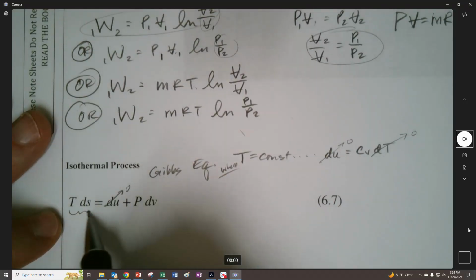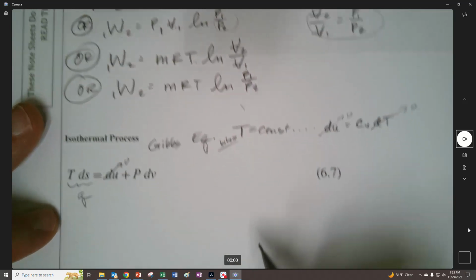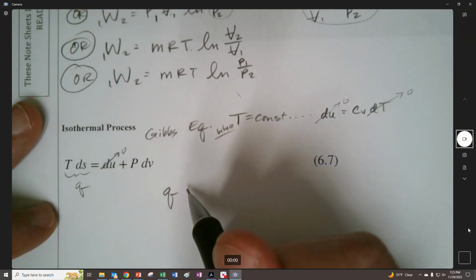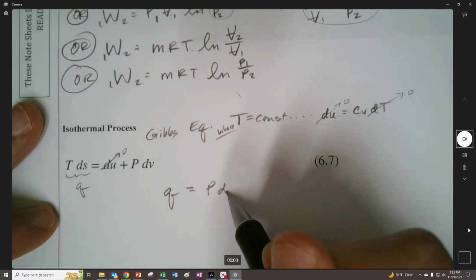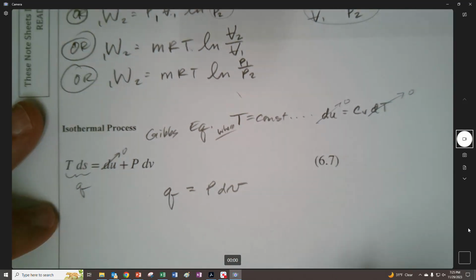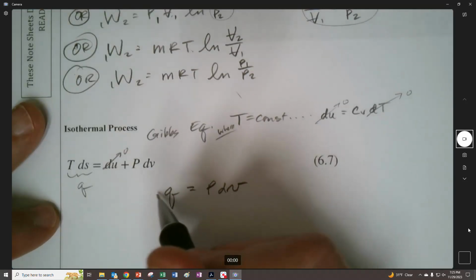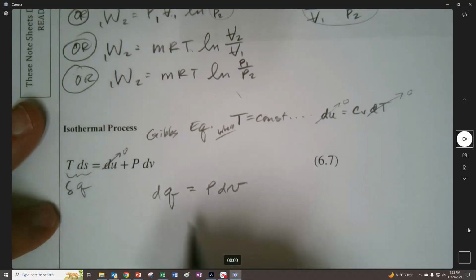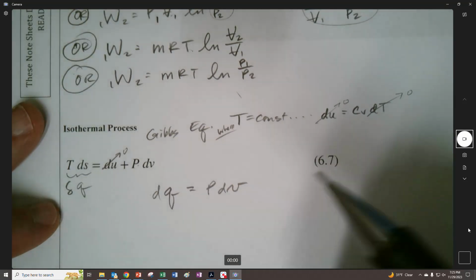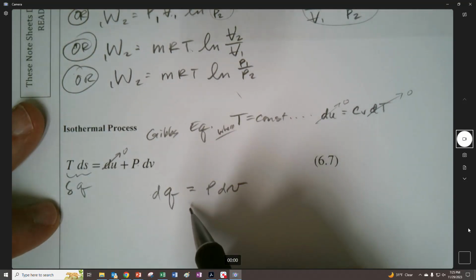And recognize that that's q. So del q is going to be equal to P dv, and it's on a per mass basis. All of a sudden we're doing per mass basis, it just seems like willy-nilly.